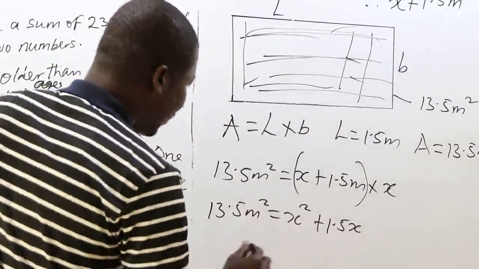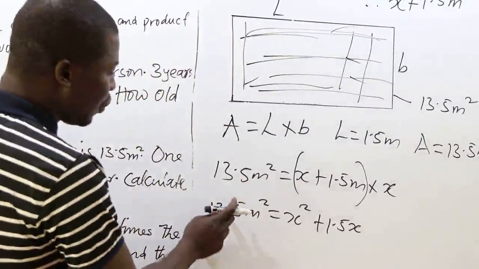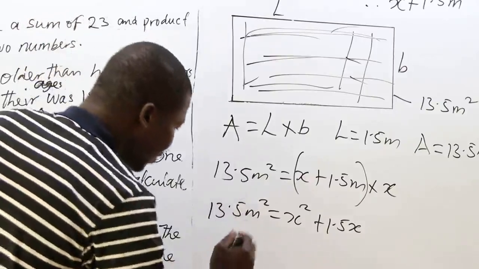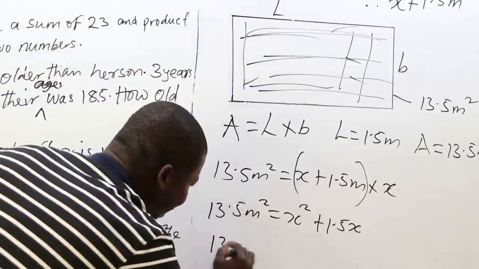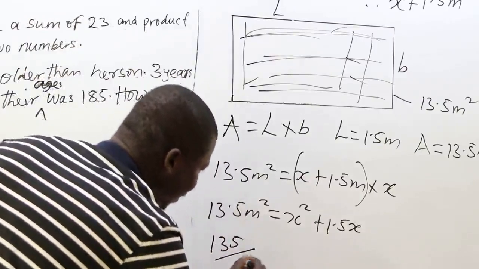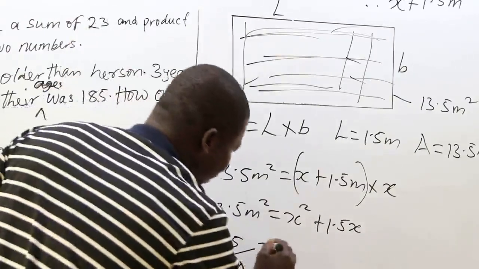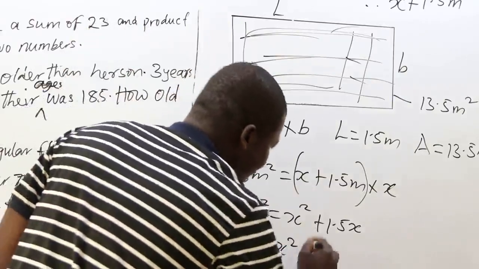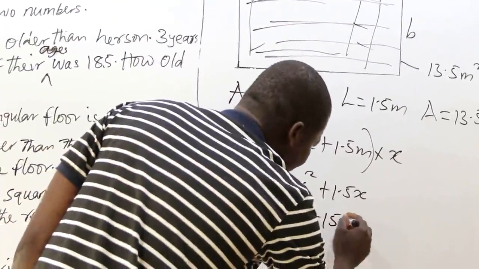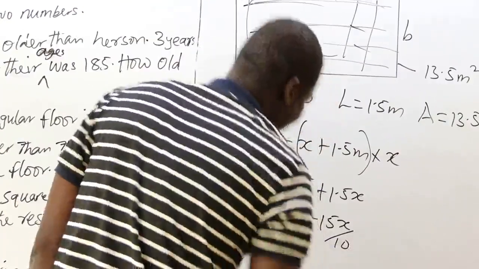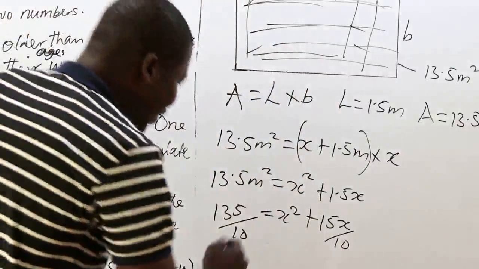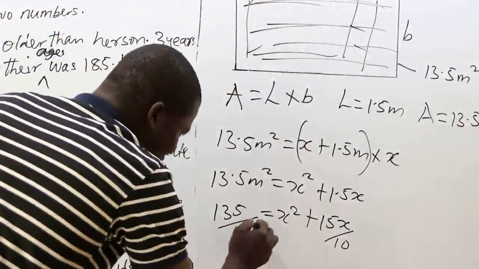If you are changing this to fraction, the point here is 1 and you multiply by 10, it is going to give you 135 all over 10 is equal to x squared plus 15x all over 10. We are simplifying those that have fraction.